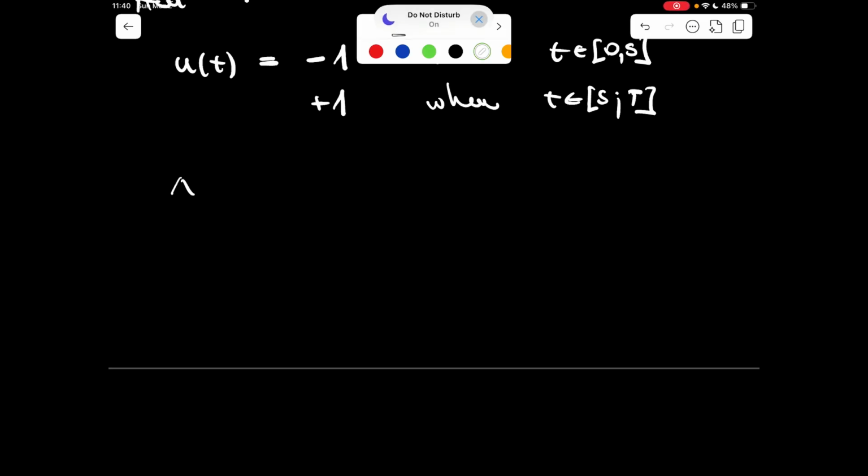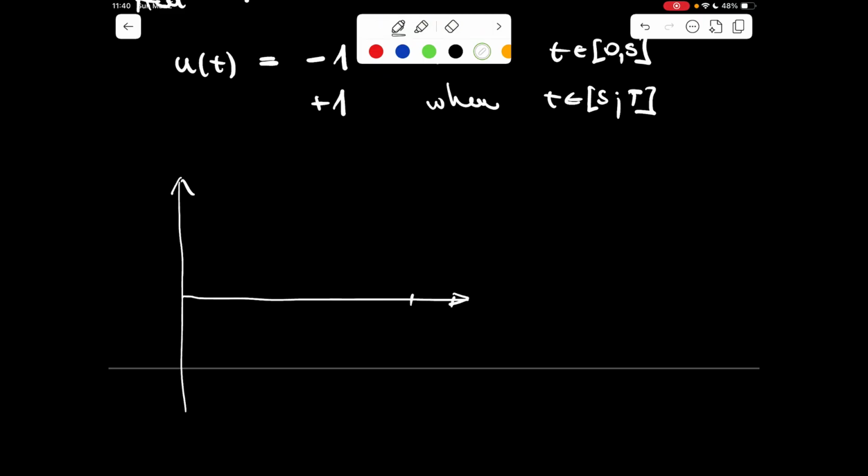The strategy that we have followed so far was that the unknown function ut is aligned with a line a1 plus a2 t, so this function is a line. Okay, and this is a1.